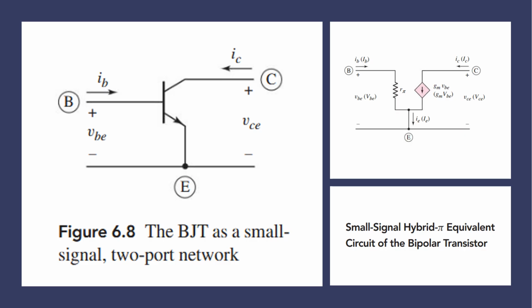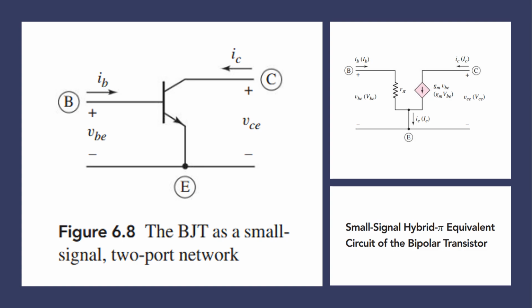We can have different types of equivalent model techniques, but in our syllabus, mostly we are going to discuss the hybrid pi equivalent circuit. Therefore, I have drawn the equivalent circuit which comes under this hybrid pi model.